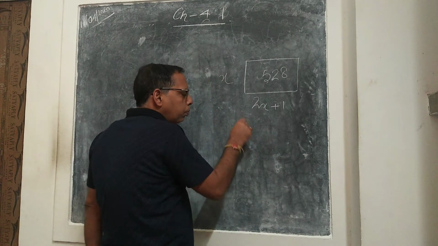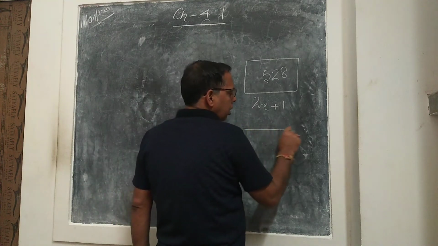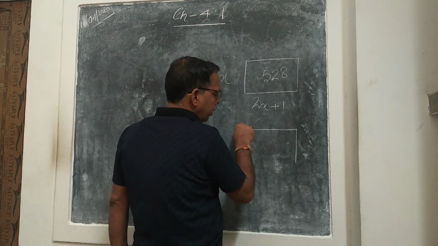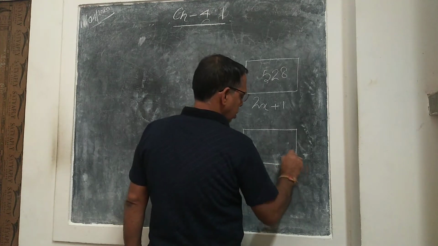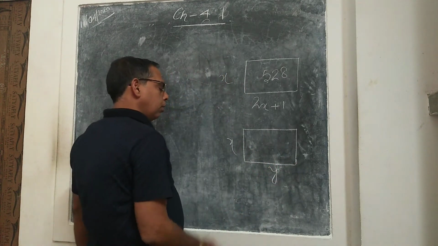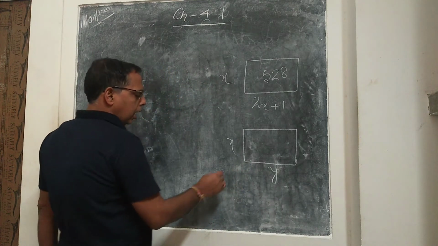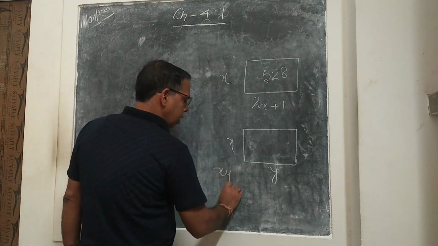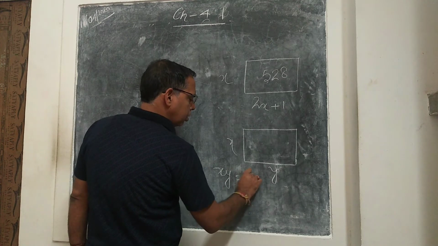Now if we do it with two variables, then what will happen? You see, this is x, this is y. The first condition is the area, so xy = 528.